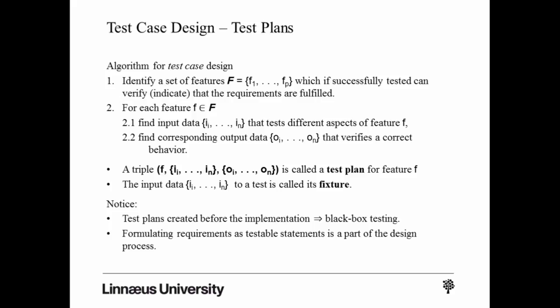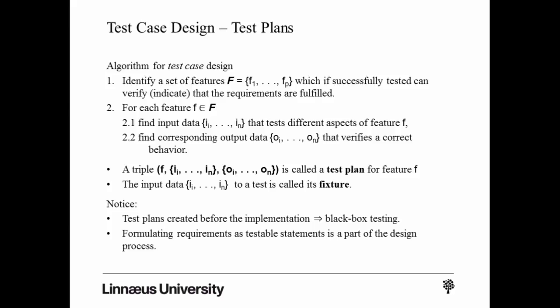Once you have identified a set of features, the next step is that for each feature, you should find the input data that will be used to exercise that feature, and against that input data, what the output will be. For example, if we have a method to divide, then the two input parameters A and B, with values like 5 and 2, are the input parameters, and the result that we get from the division is the output data.